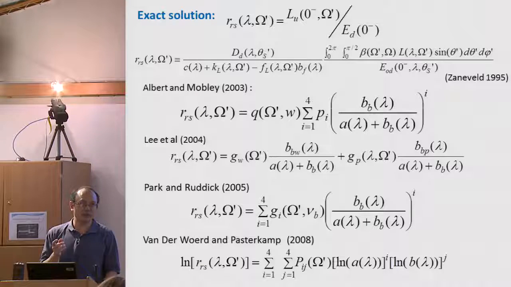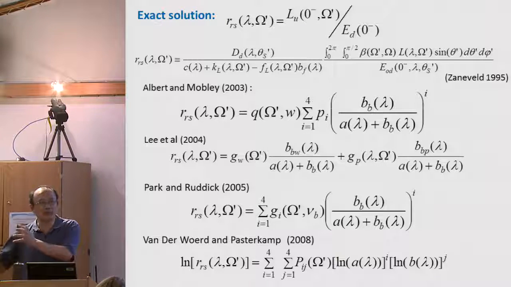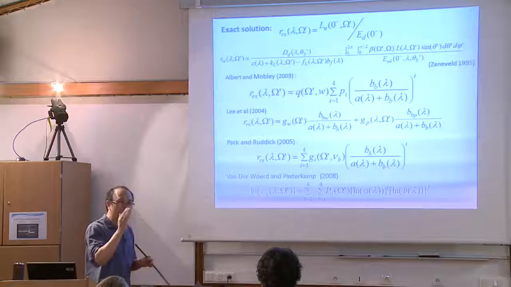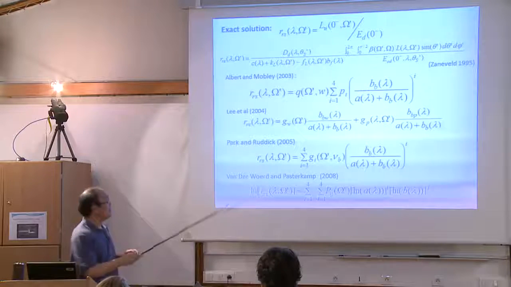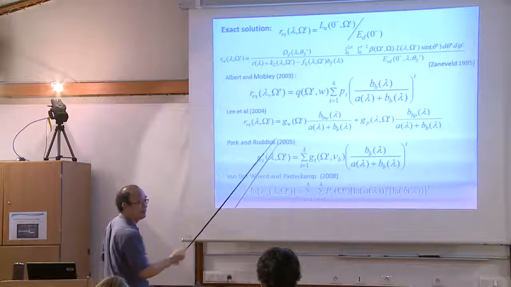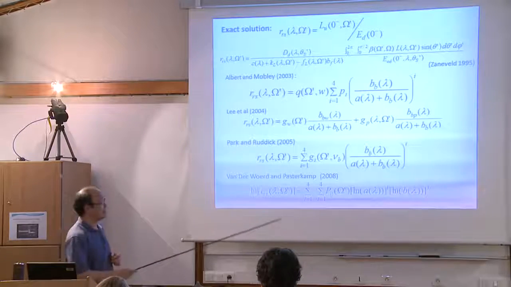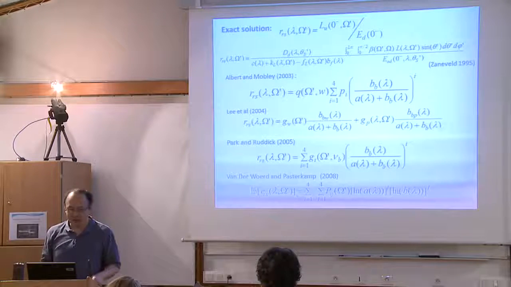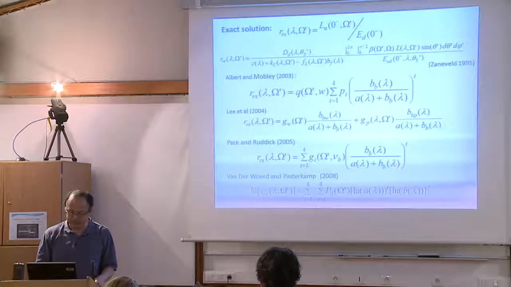Remember I talked about how in the open ocean, at blue wavelengths, scattering is dominated by water molecules, and at longer wavelengths, it's dominated by particles. So there's a transition from shorter wavelengths to longer wavelengths, and this represents that transition. At shorter wavelengths this term makes more contribution, and at longer wavelengths this term makes more contribution. That's a representation of that phenomenon.